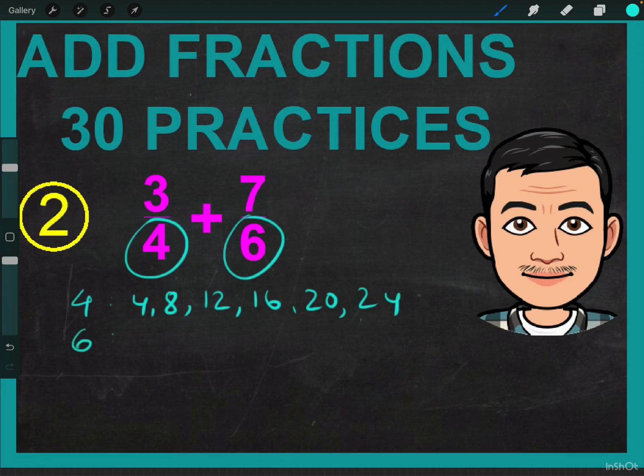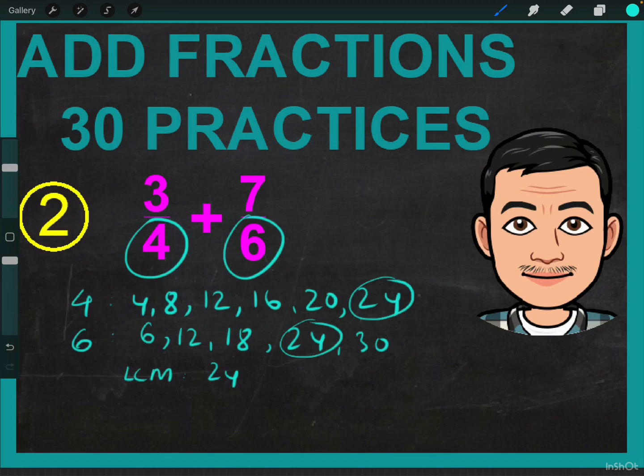For 6, we have 6, 12, 18, 24, 30. So we see 24 is the common multiple with the least value. So the LCM is 24.